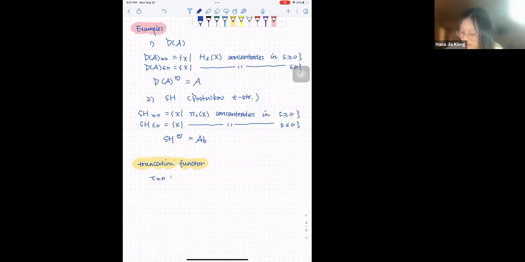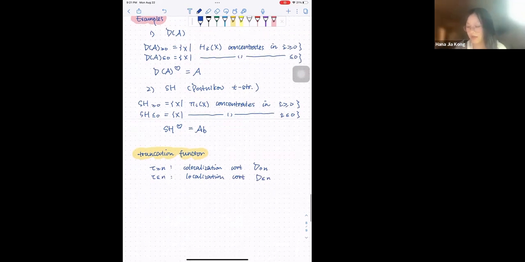I just say that this is a colocalization with respect to D greater or equal to n, and we can also consider the localization with respect to the smaller or equal to n subcategory.